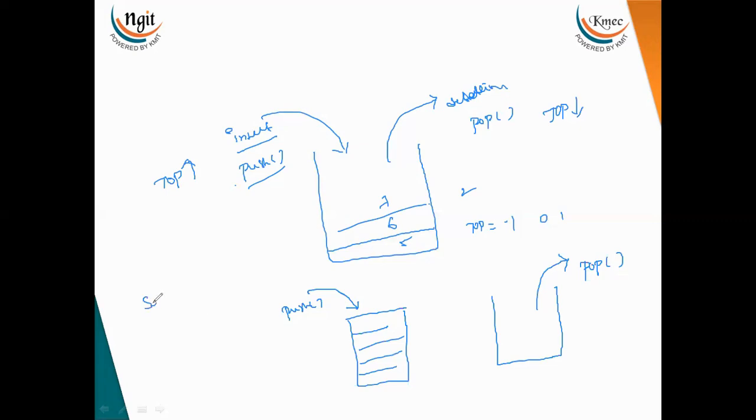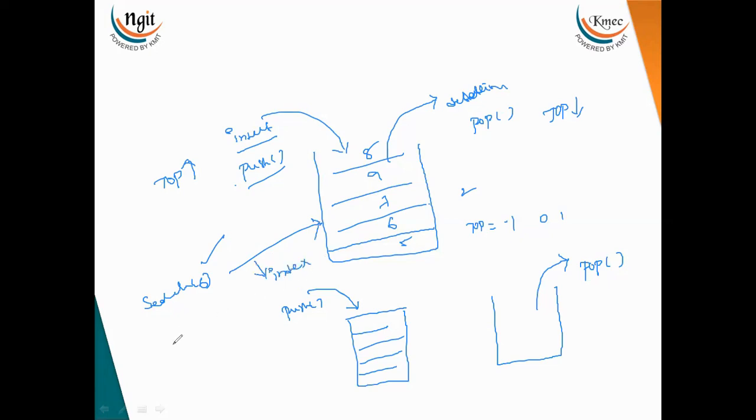And you can also perform the search operation on the stack, right? Let's say, sir, this is the way I have the elements. I want to find a particular element in the stack, so you can use the search method. Let's say search of 6. If the element is there in the stack, then it returns the index of that particular element.